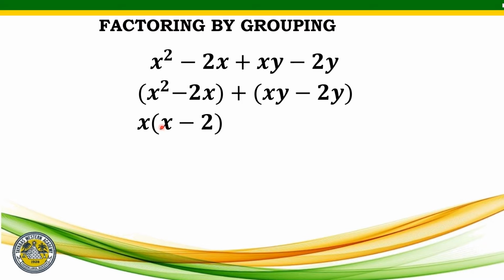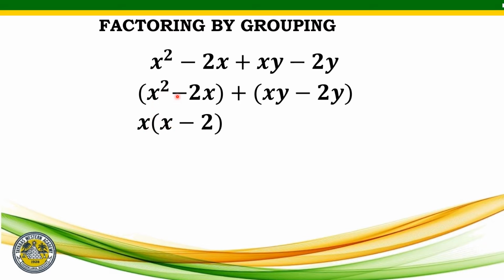X na lang yung natitira. So always remember, kapag nag-divide tayo ng terms or ng variable with an exponent, i-apply natin yung law of exponent wherein i-subtract natin yung kanilang mga exponent. So 2 minus 1. Wala tayong nakikita exponent, ibig sabihin, meron ditong 1. So kaya x squared divided by x is x.